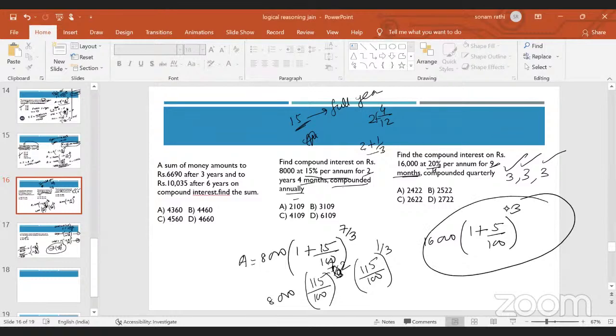Calculate this and tell me the answer. Please do the calculation and tell me the answer.